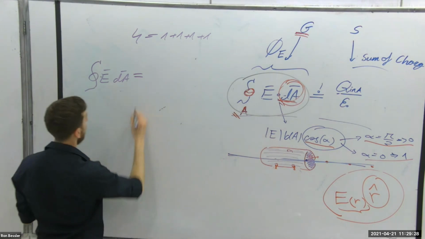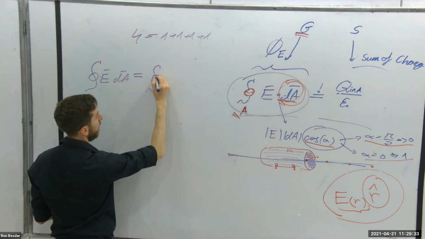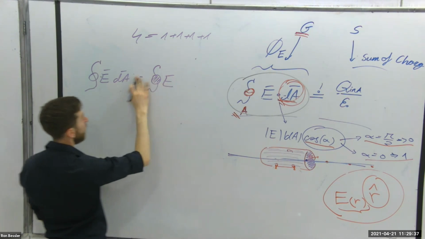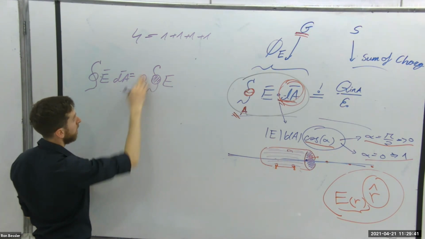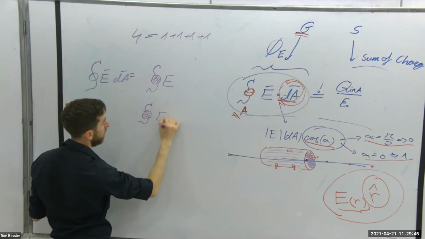How many do we have of this? 2. We have 2 of these, dA.